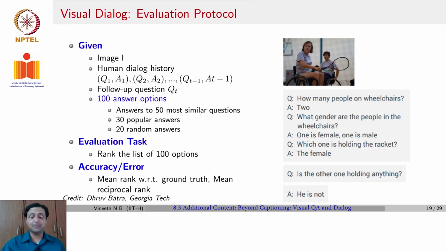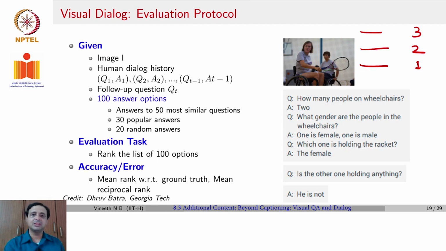So the mean reciprocal rank could be computed as follows. For one particular test question, if you predicted a set of ranks for the options and the third position of your predictions was the correct answer, your correct rank is 3. Let's assume that for another question, your second ranked option was the correct answer, and for another question, your first ranked option was the correct answer.